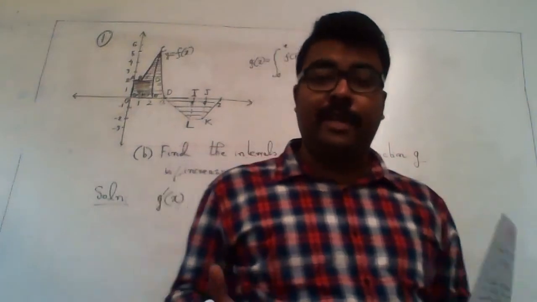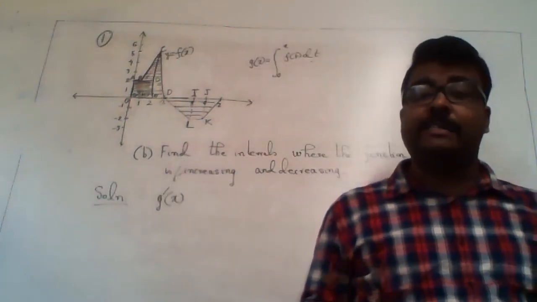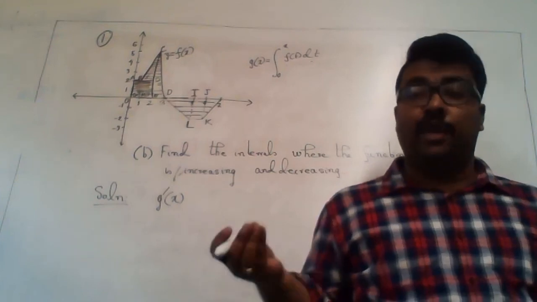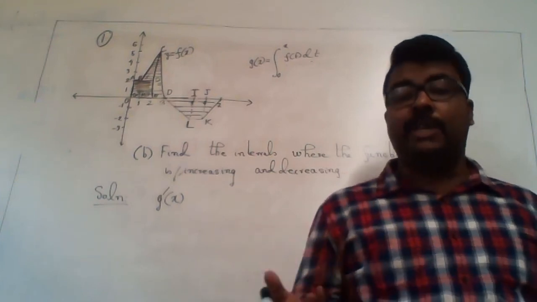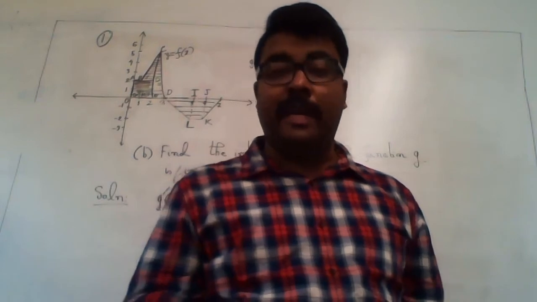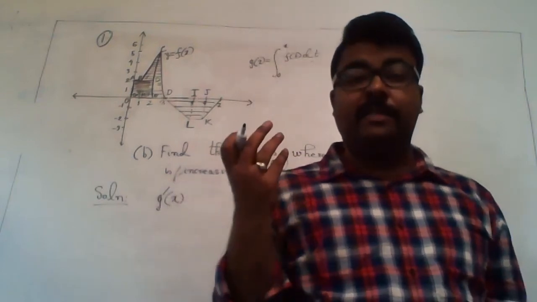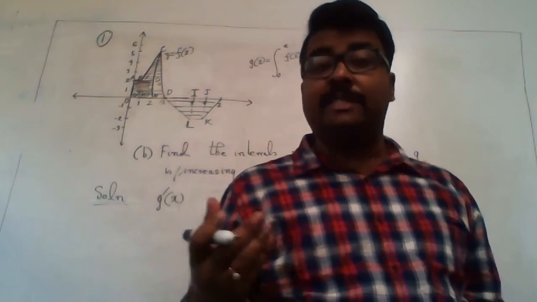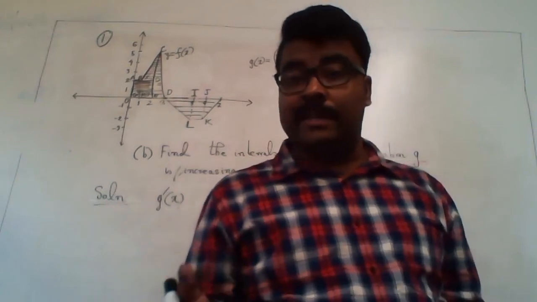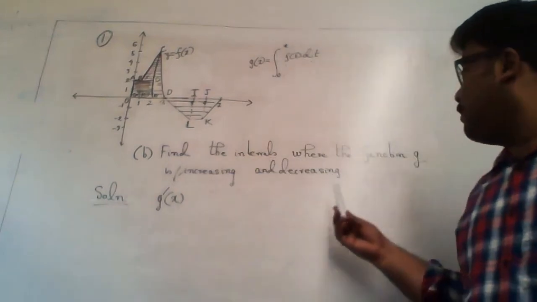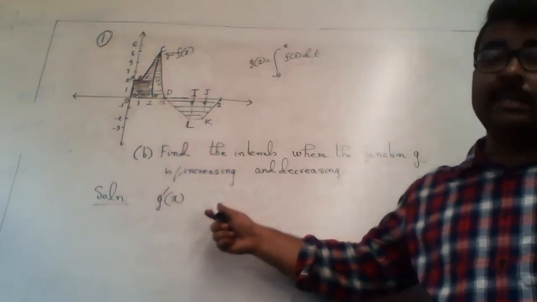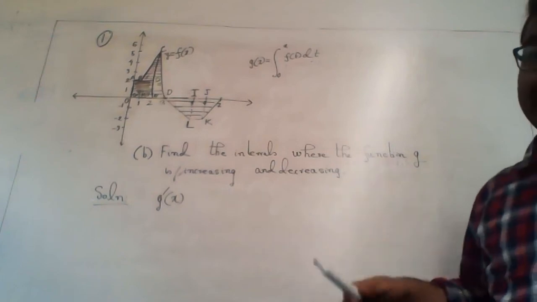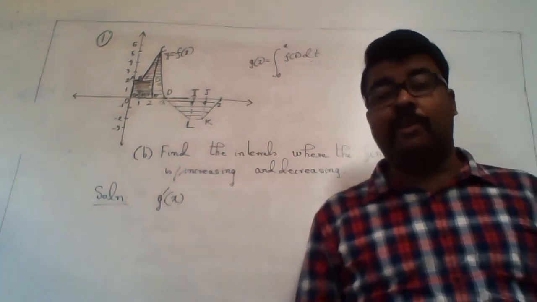If we are asked where a function is increasing and where it is decreasing, we compute the derivative of that function and check where the derivative is positive and where the derivative is negative. If the derivative is positive, the function is increasing there. If the derivative is negative, the function is decreasing there.